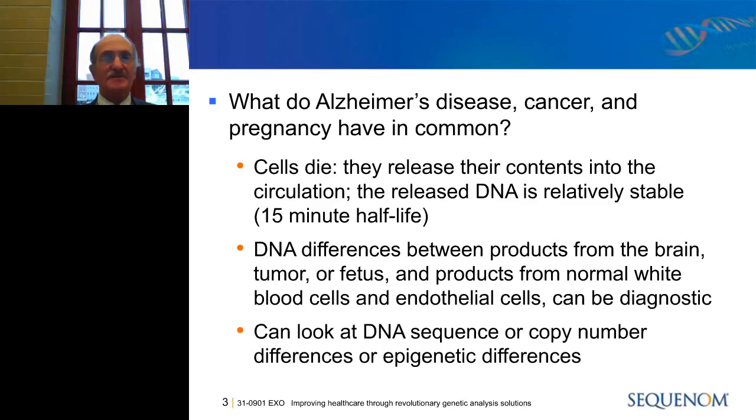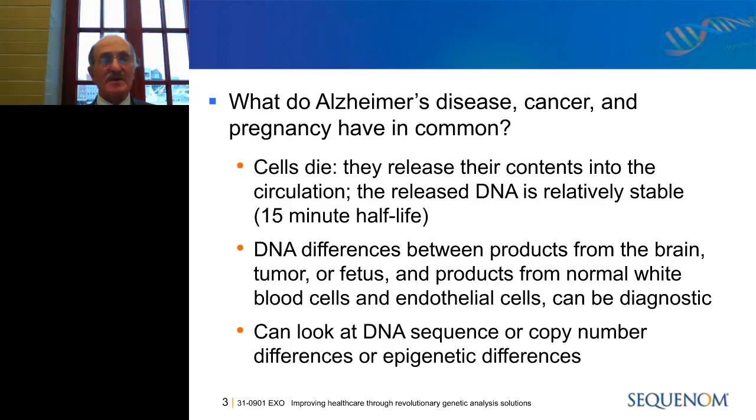then enter the circulation. If the pieces from a distant site, a tumor, a fetus, a dying brain, have different DNA molecules than the DNA molecules that are found in the white blood cell background, then by looking at these differences, we can infer the properties of a distant site without touching it. In the case of pregnancy and cancer, there are sequence differences between the fetus and the mother, between the tumor and the host.